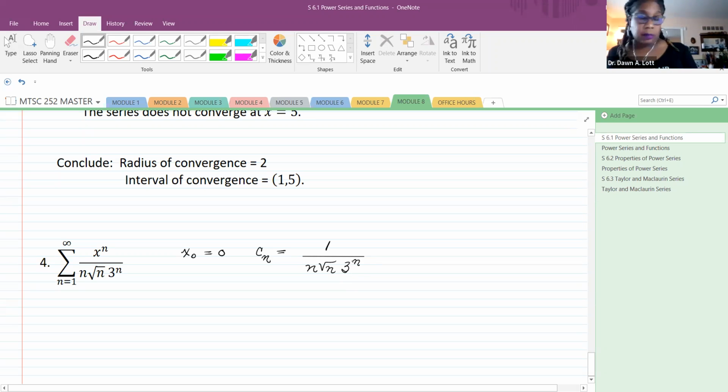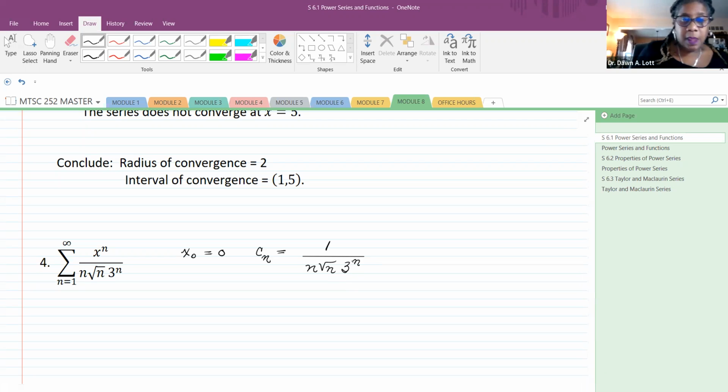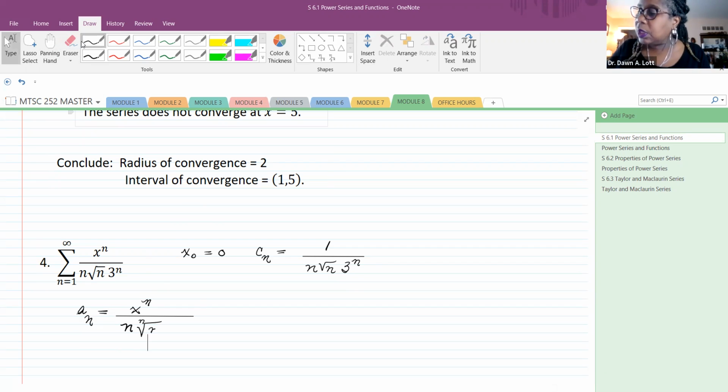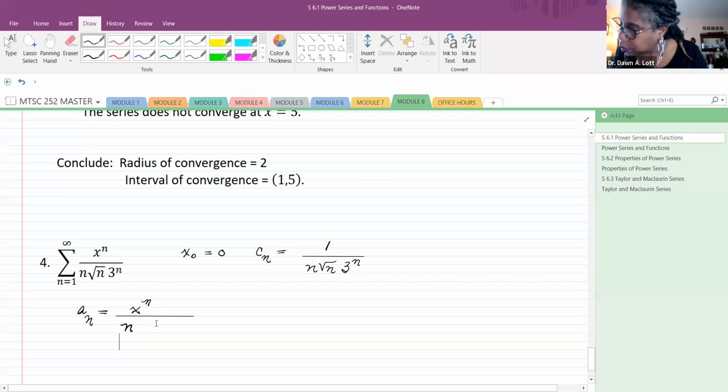So that's Cn. And our An, that's the whole thing, is x to the n over n, oh boy, the nth root of n. Nope, that's wrong. It's the square root of n, times 3 to the n.